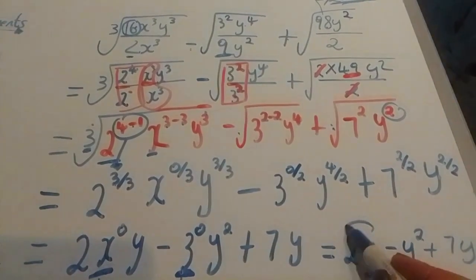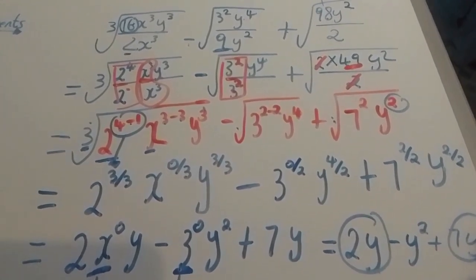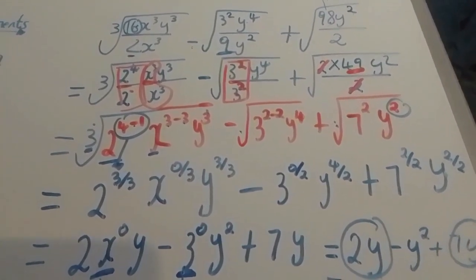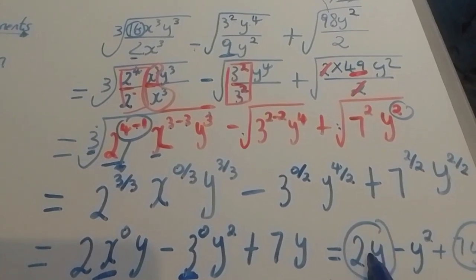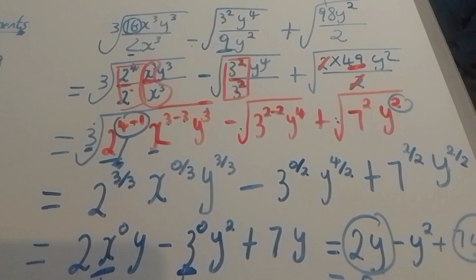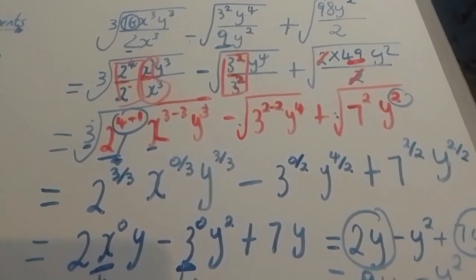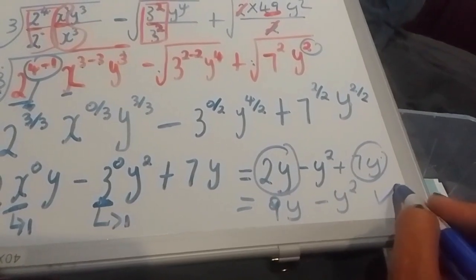Do notice that we have like terms here because both of them are to the power of 1. So 2y's plus 7y's make it 9y, minus y squared. That will be your answer.